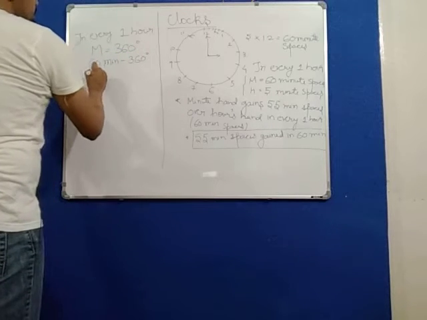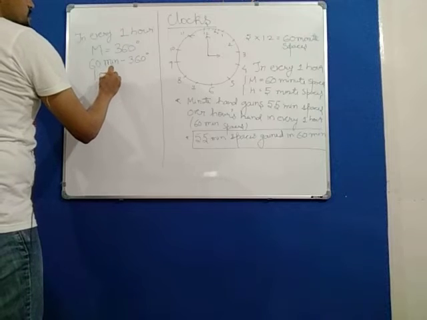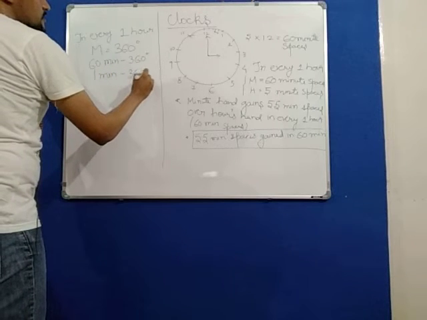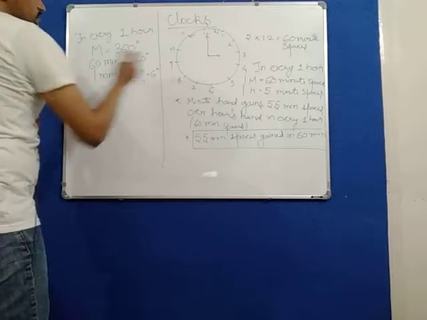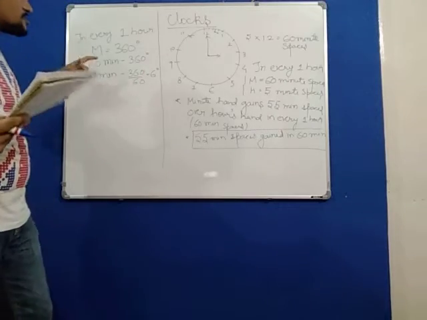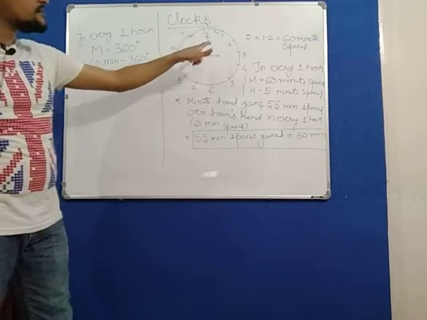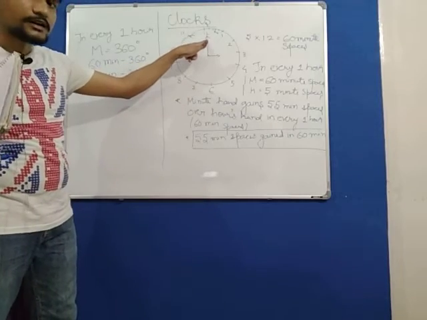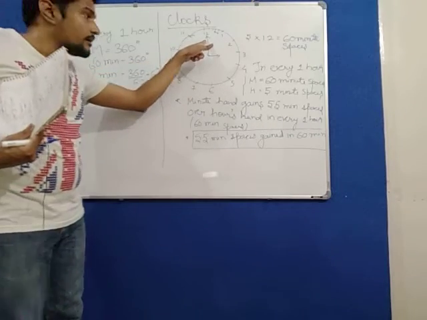So we can say that every single minute the minute hand will cover 6 degrees. I hope this concept is clear. In 1 hour, the minute hand will complete one round, that is 360 degrees.